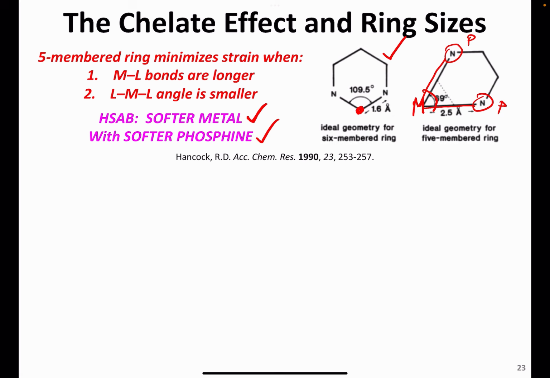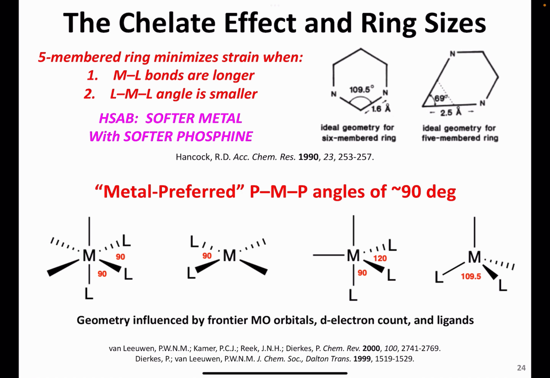And what's really important here is as you're forming 5-membered rings, think about the geometries of transition metal complexes. I'm going to do my next lecture on the actual geometries to talk more about them. But you have an octahedral transition metal complex here. Notice that the LML angles shown here are 90 degrees. You can have square planar transition metal complexes.